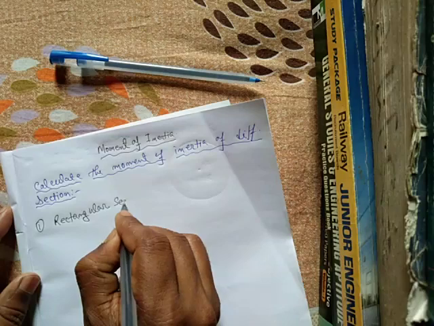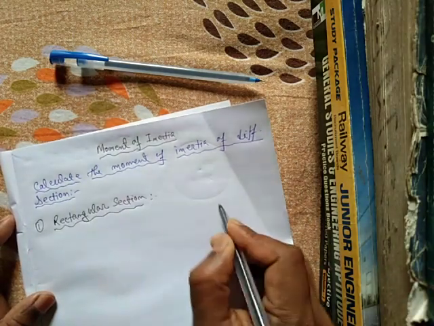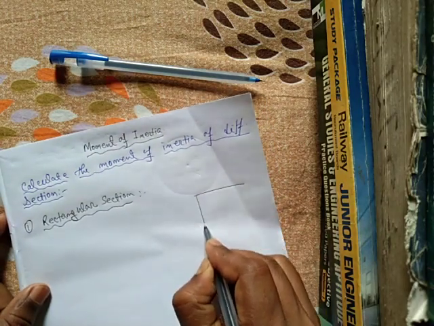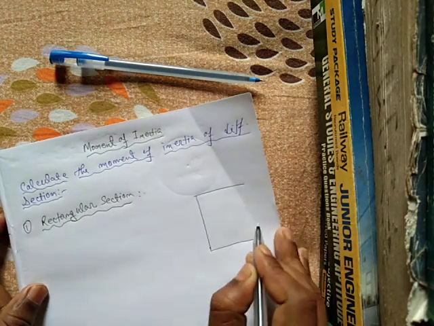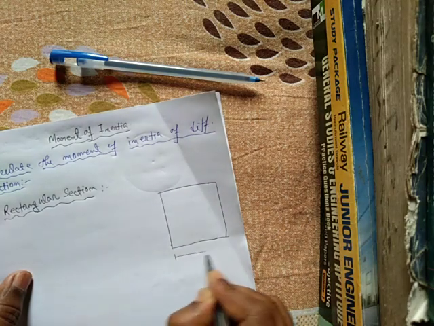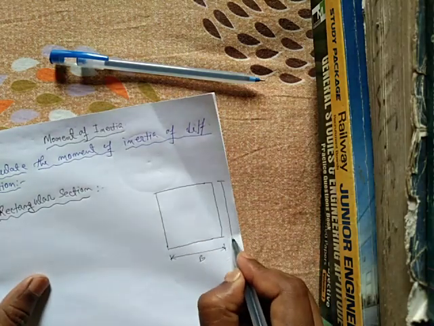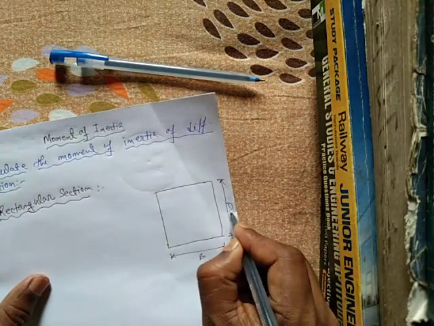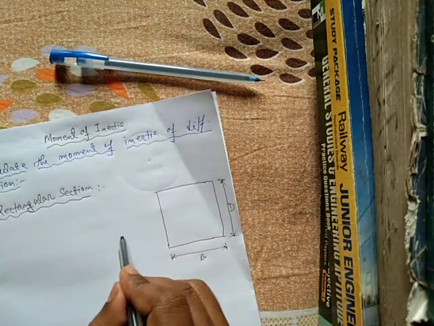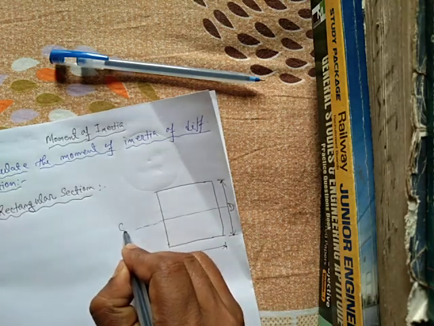Rectangular section. Let me draw a rectangular section of base B and depth D. We know the CG of the rectangular section is the center of the rectangle.